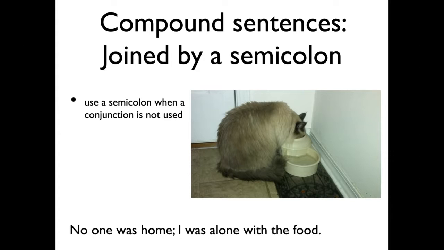No one was home. You have an independent clause on the right. I was alone with the food. If you do not want to use a conjunction, like a fanboy, then you must squish them together somehow. In this case, you use the semicolon. Show that again. Independent clause, semicolon, independent clause.